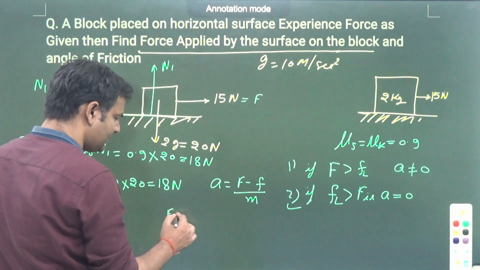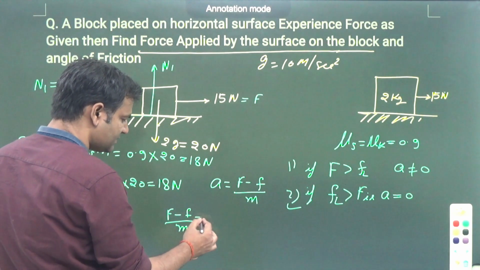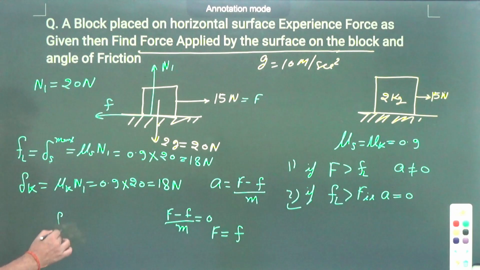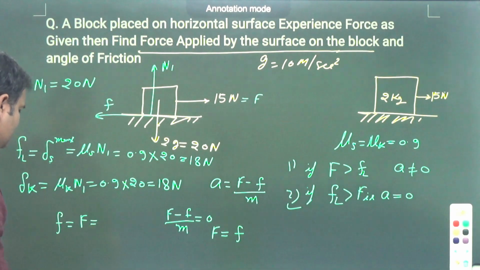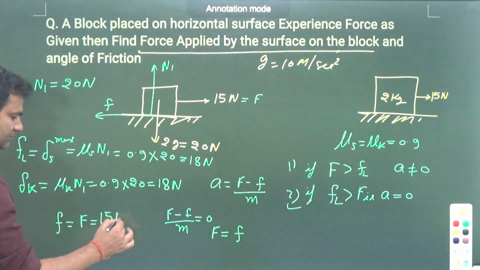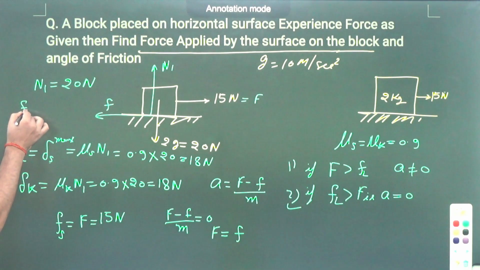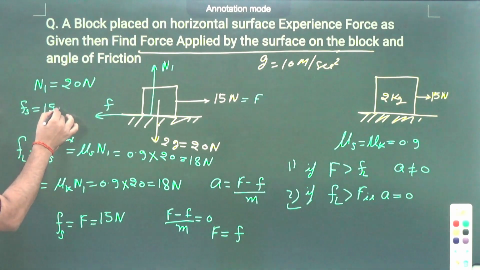If A is 0, then (F minus small f) divided by mass is 0, which means small f is equal to capital F. Capital F is 50 Newton, so this static frictional force Fs is 50 Newton. Clear or not? Very simple.